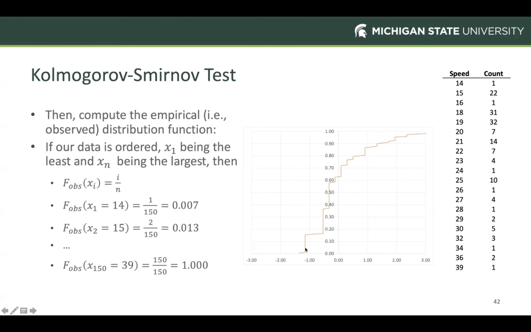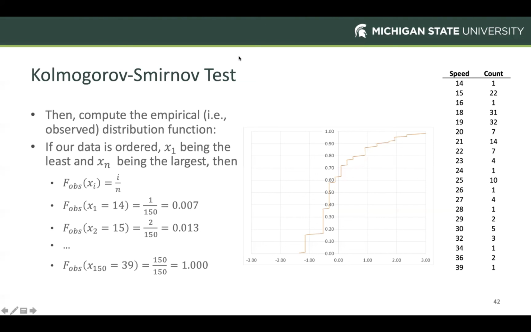But this is hopefully giving you a sense of what that observed sample of data looks like. What we're doing ultimately is comparing this distribution of observed data to what we would expect to see from a normally distributed data set, which would be the S curve denoted on the preceding slide.